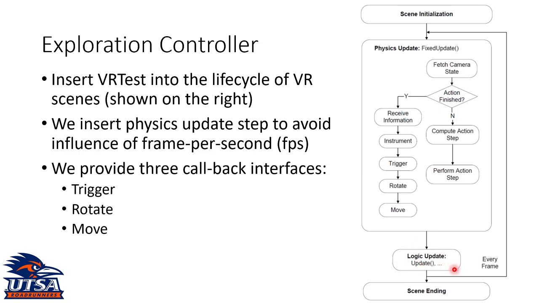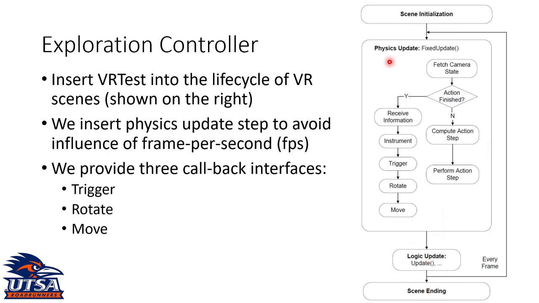At the end, some ending code is executed by Unity. So this is the life cycle, and we have two places to insert our VRTest to control the camera. One is the physics update, the other is the logic update.